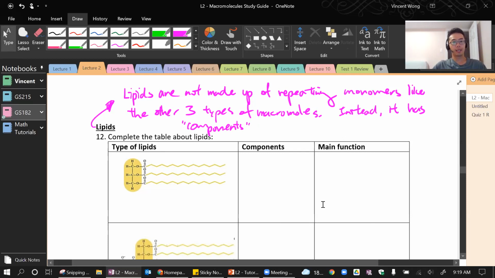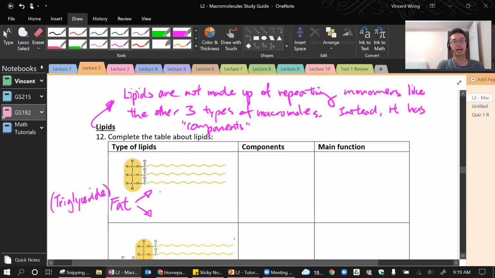So we have different types of lipids, and there are three types that are being shown here. The first one is fat. Okay, there are two types of fat. And fat has another name, right? I think I talked about it in the lecture. I don't remember. Triglyceride.